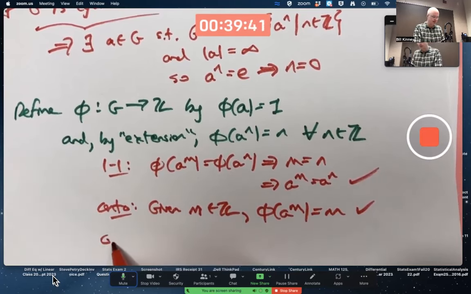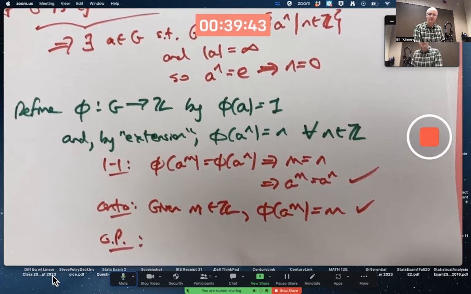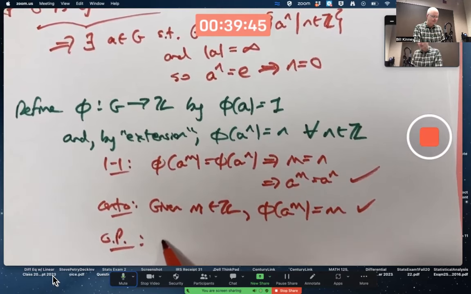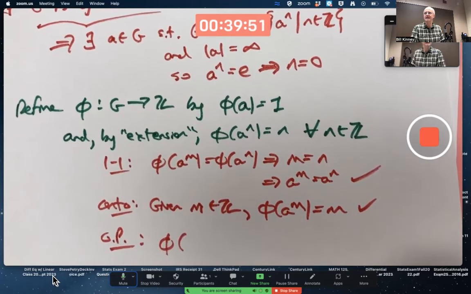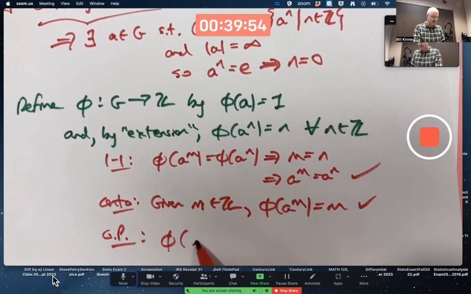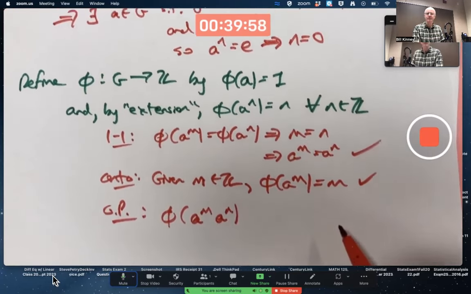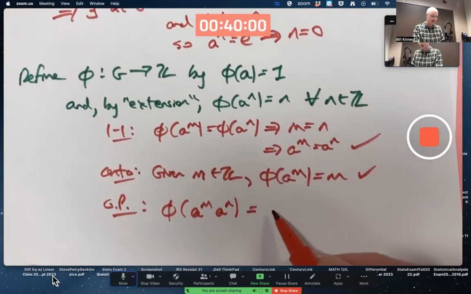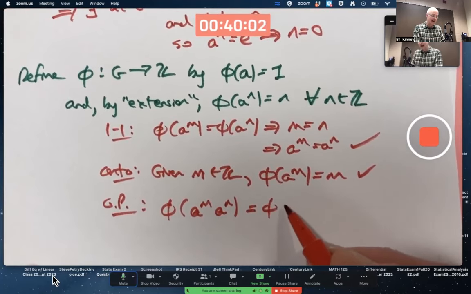Is it operation preserving? The operation in G is multiplication. What's phi of A to the m times A to the n? Multiply those by adding their exponents.